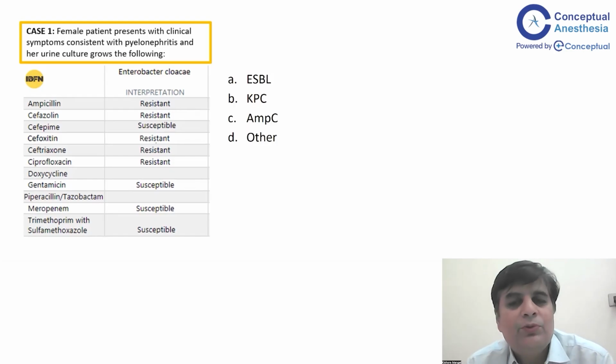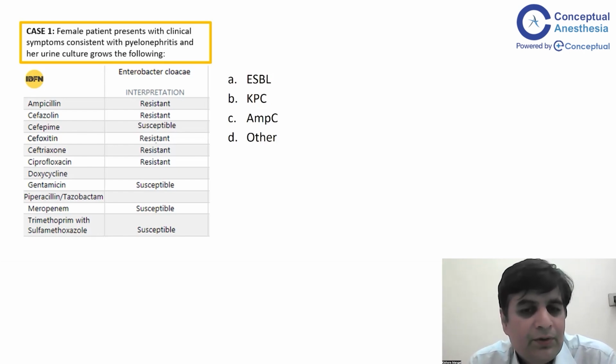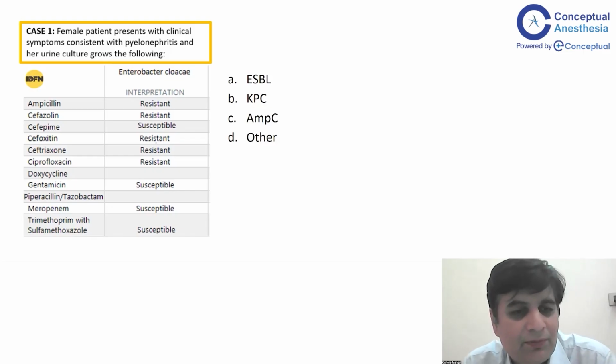So, what could be the most likely mechanism of resistance? ESBLs, KPC, AmpC, or any other? If we look at the culture report, we see that there is resistance to ampicillin, there is resistance to ceftriaxone, which is third generation cephalosporin, but there is sensitivity to cefepime, which is fourth generation cephalosporin.